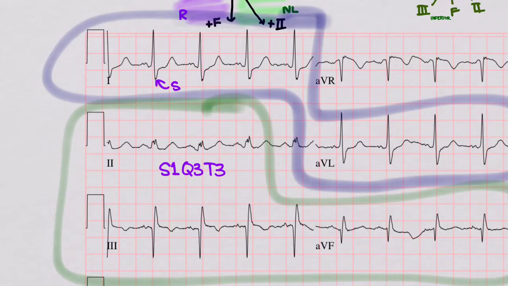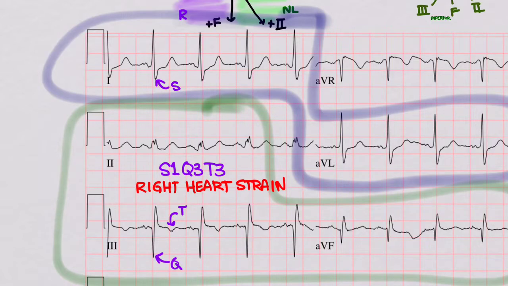Then we look over here to lead 3, and there's a Q, and there is a T-wave inversion in 3. So we have S1Q3T3. And this may be indicative of something called right heart strain, like the heart is trying to pump against a clot in the lungs, and so the right heart is straining, S1Q3T3.